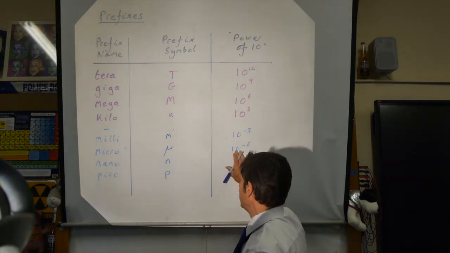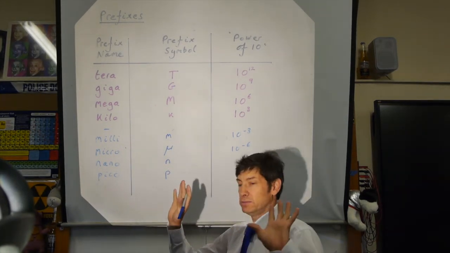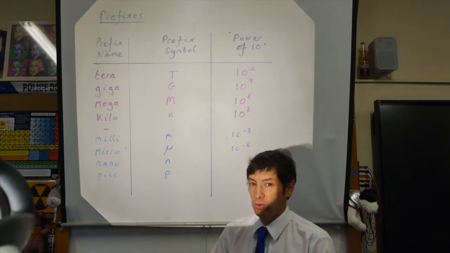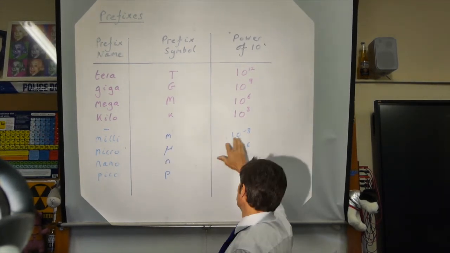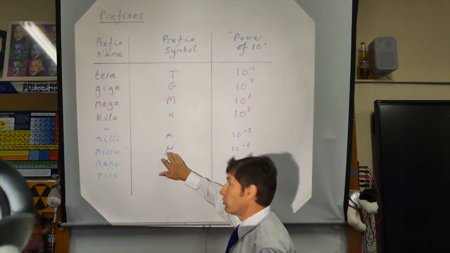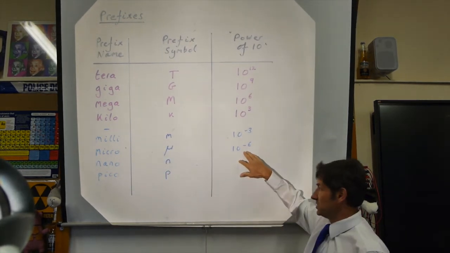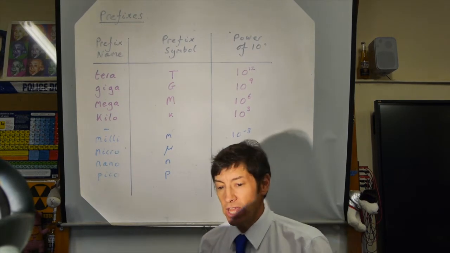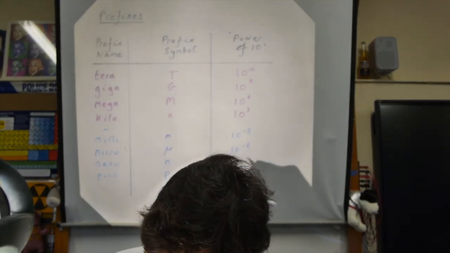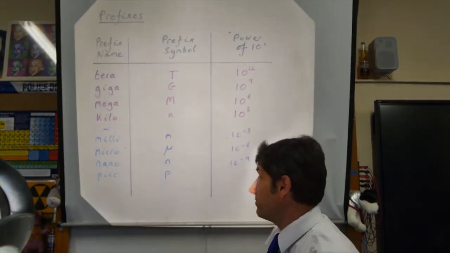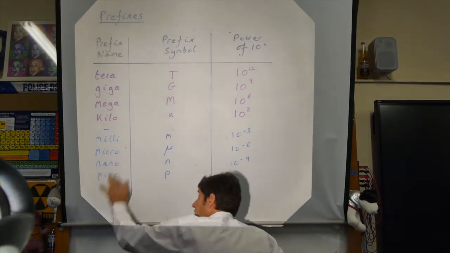It's a million times smaller. Milli means thousandths of, micro means millionths of, and nano is 10 to the minus 9. We'll deal with that one a lot in physics.